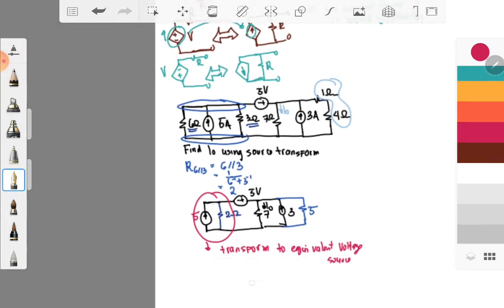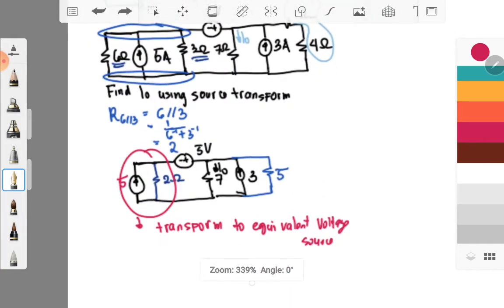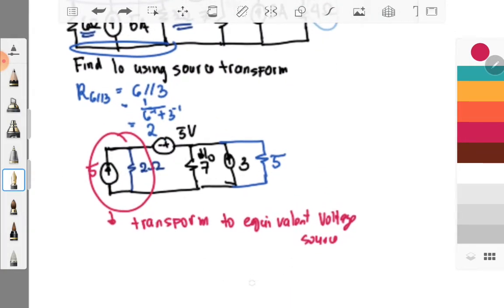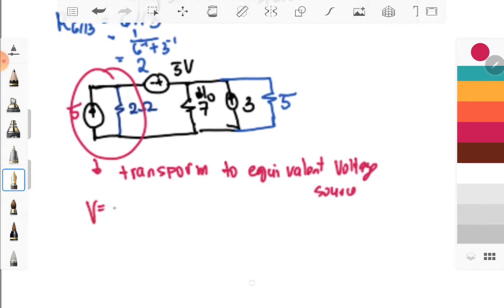So I may transform this into a voltage source. I have V is equal to IR, so we have 5 ampere multiplied by 2 ohm, which gives 10 volts.